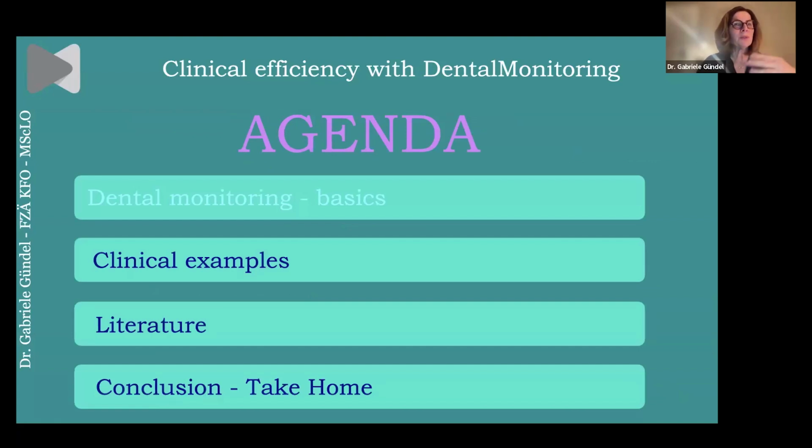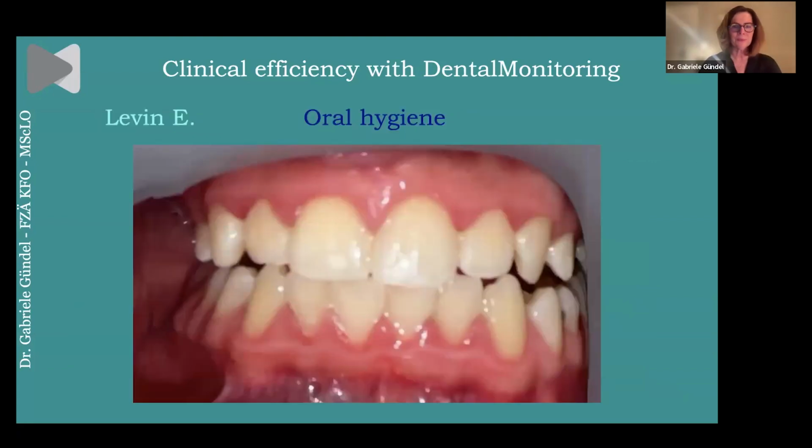Now let's come to the clinical examples. First off, let's start with oral hygiene. Oral hygiene is a never-ending story for us as orthodontists with our growing up patients. With the dental monitoring now, it's easy for me to control and to motivate our patients to improve their oral hygiene.